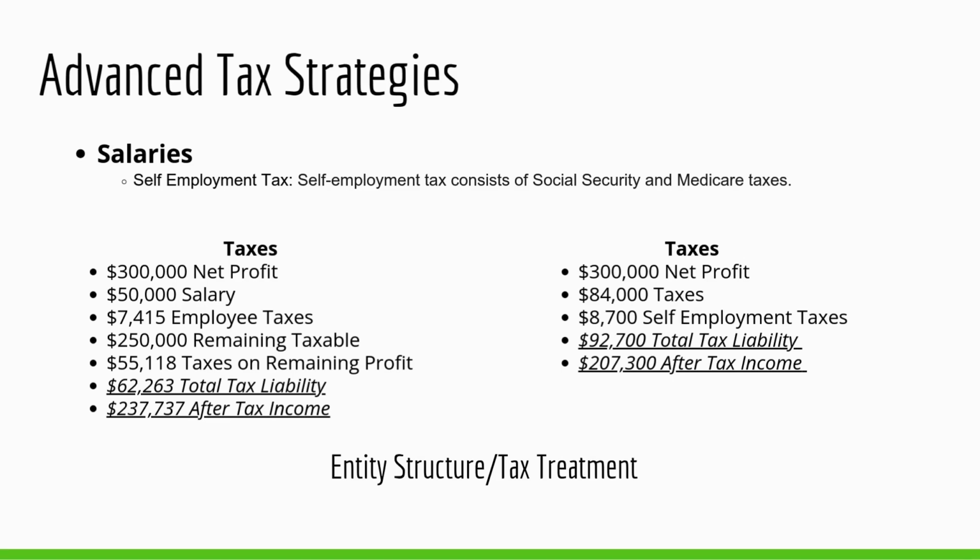What that allows us to do is pay ourselves a reasonable salary. That reasonable salary goes through a payroll company, just like it would if you had a jobby job. And all the appropriate taxes are taken out, just like would happen if you had a jobby job. Okay. Here's what that does.